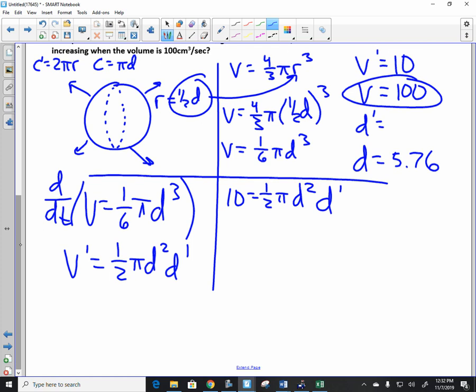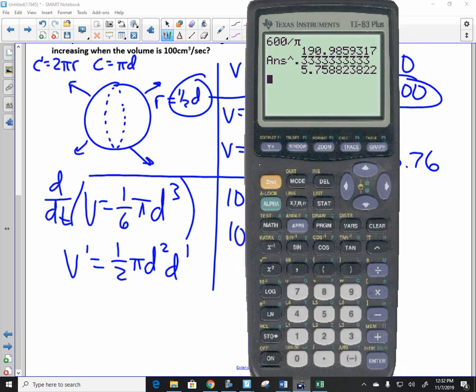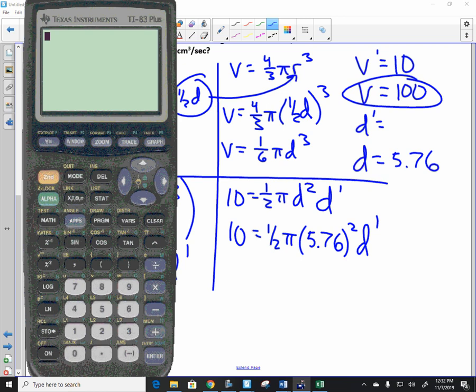Now I can make use of that. 10 equals 1/2 pi times 5.76. Got to square that times d prime. I have to use my calculator to work this through the rest of the way. 10 divided by 0.5 is 20.